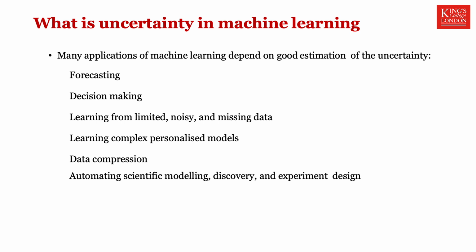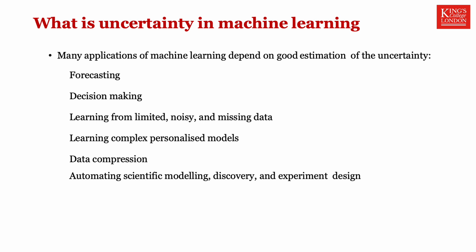Also, in situations where you have very limited, noisy, or missing data, in a data-deprived setting, uncertainty is going to be higher, and you need to understand which parts of the data domain are informed by the training data, and which ones are extrapolations of your model.